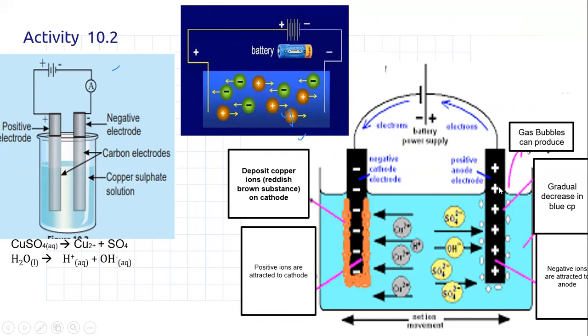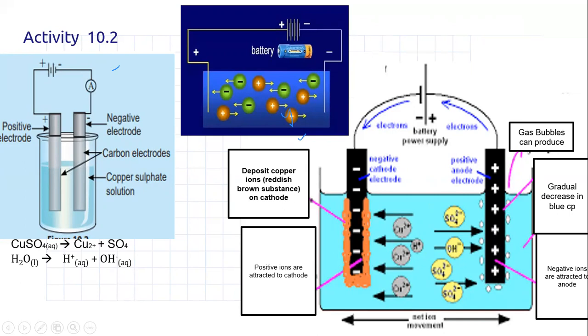So here you can see gas bubbles produced at the anode, and a reddish brown substance deposited on the cathode. So what is this red substance? It is copper, and the gas bubbles are oxygen.